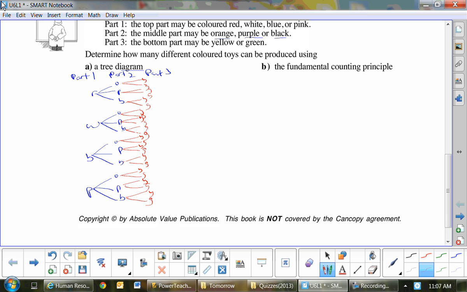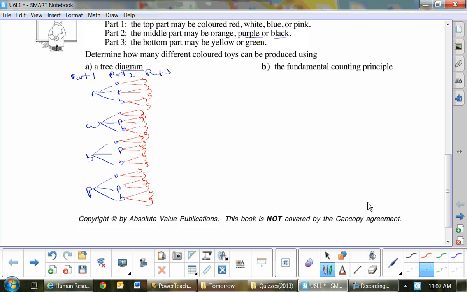Now, you see that we can have a red, orange, yellow. We can also have a red, orange, green toy. We can have a red, purple, yellow, a red, purple, green, a red, blue, yellow, a red, blue, green. So just in here, how many?